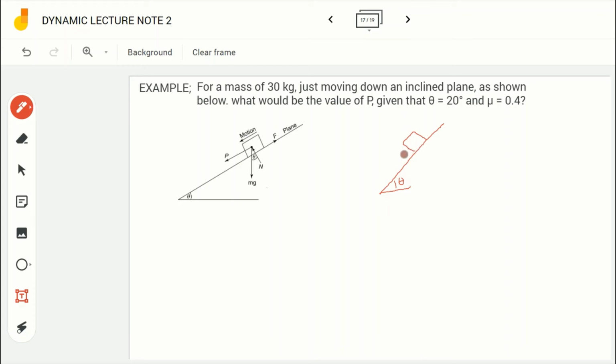Here is my applied force P, and right here is the frictional force F. And as you can see, my normal force N is acting on the surface, and also right here is the inclined force mg. Here is my inclined force mg.